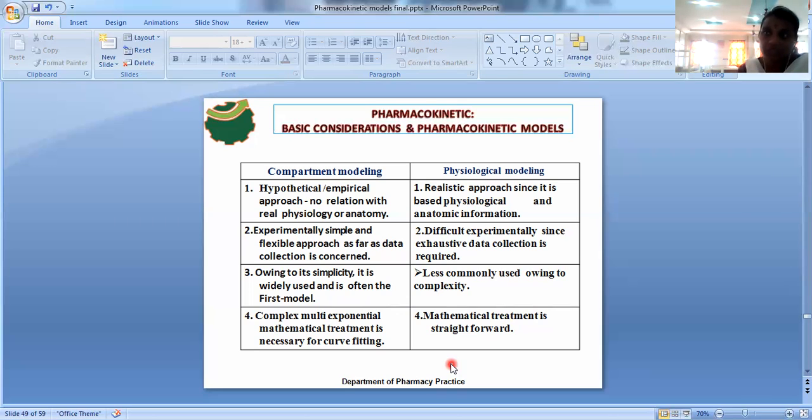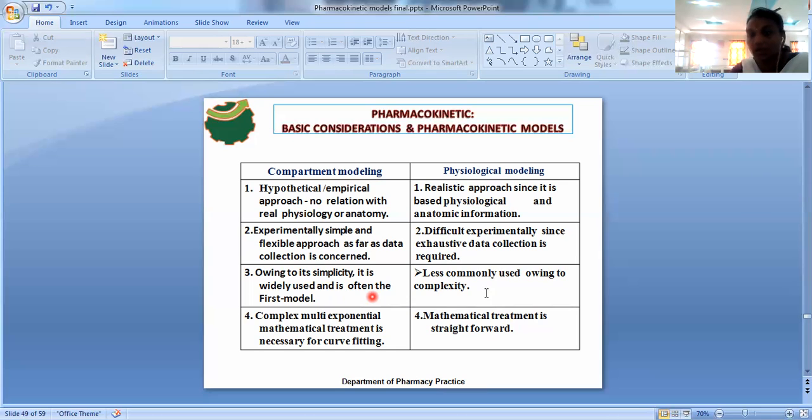The limited points you can obtain are not enough to get the entire pharmacokinetic parameters. Owing to its being experimentally simple, it is widely used, and is considered the first model and a promising model in order to determine various PK parameters.